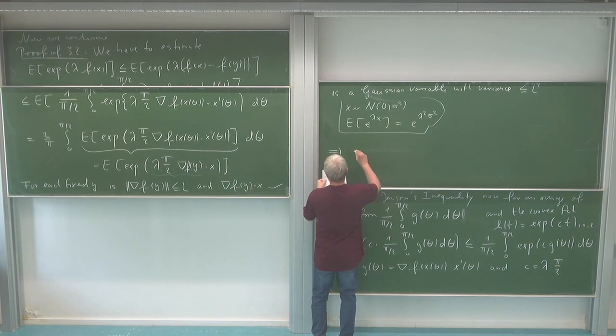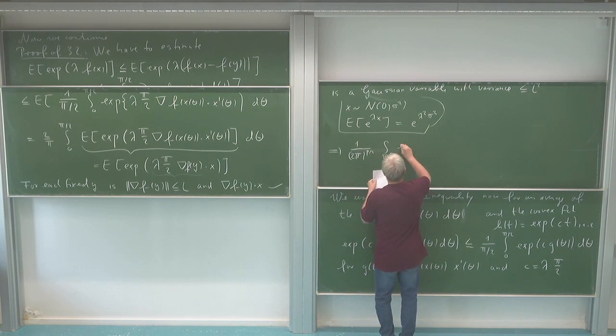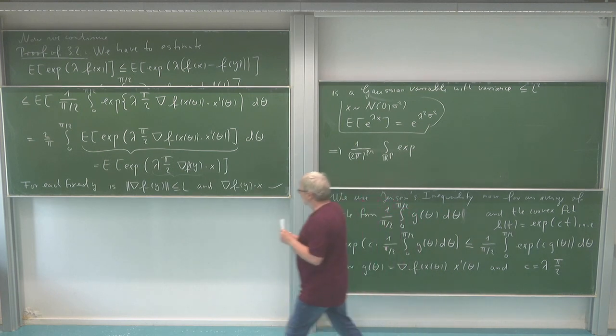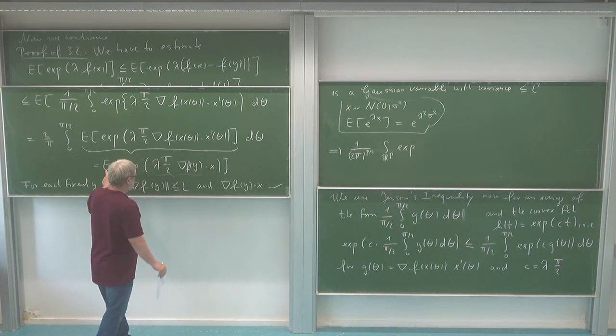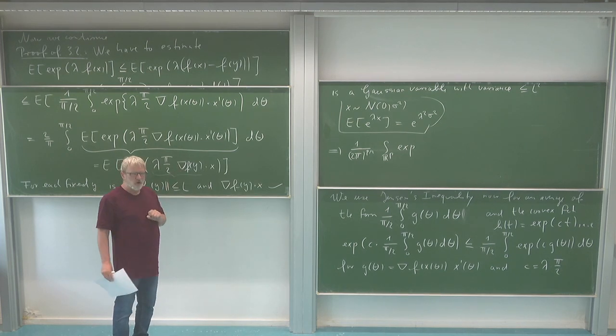I'm doing 1 over 2 pi to the power p over 2, integral over R^p. Let me write the expectation in an explicit form. The expectation I'm doing here is with respect to x and y, with respect to the densities, which are e to the minus norm of x squared over 2 for x times e to the minus norm of y squared over 2 for y.